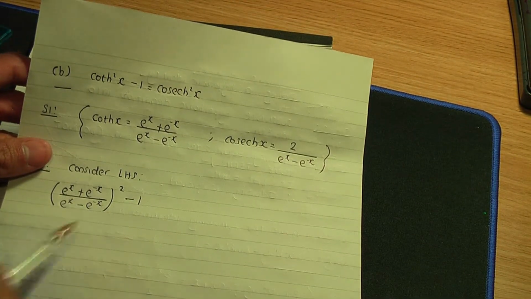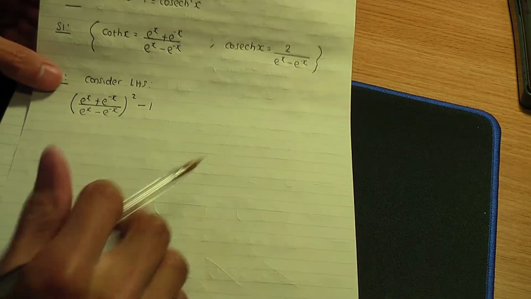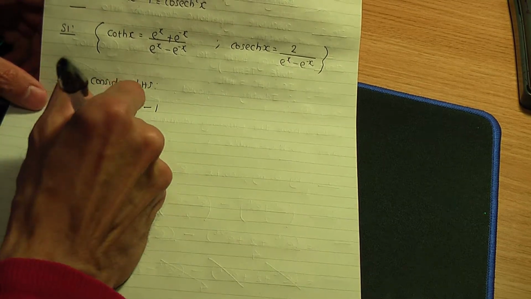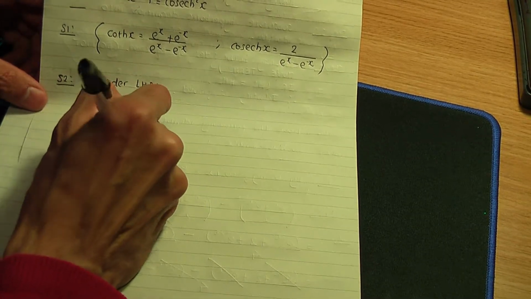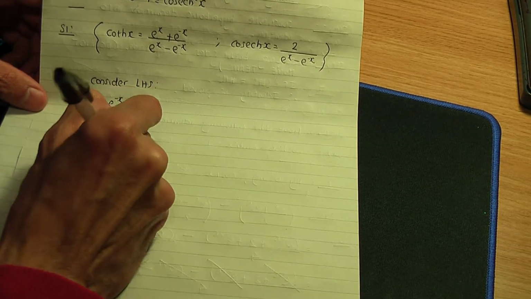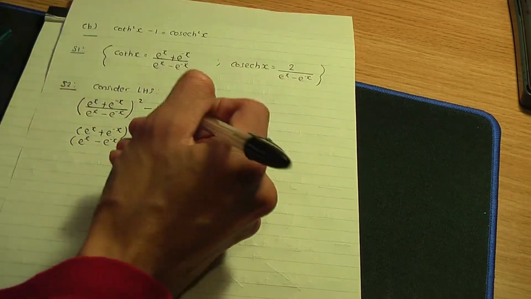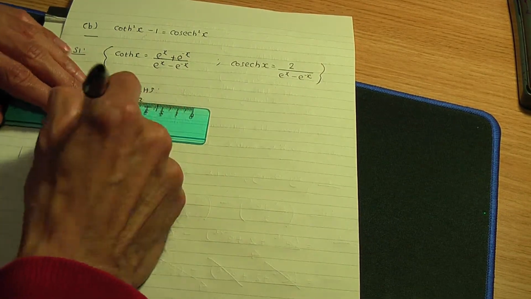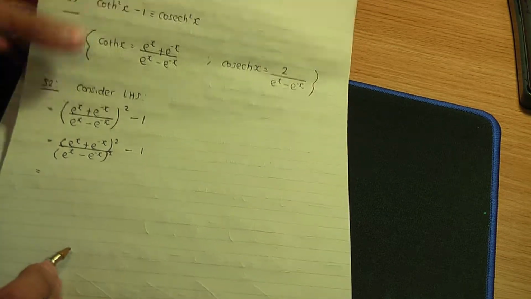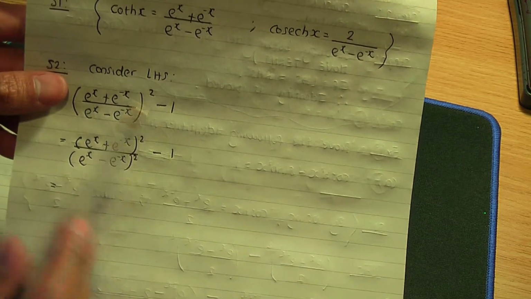And if we simplify that, let's see what we have. We're going to have e to the x plus e to the minus x squared over e to the x minus e to the minus x squared, minus 1. In some cases you don't need to expand fully the whole thing.